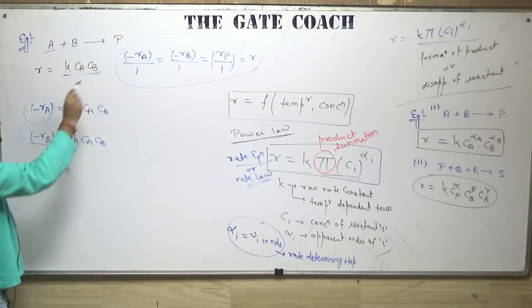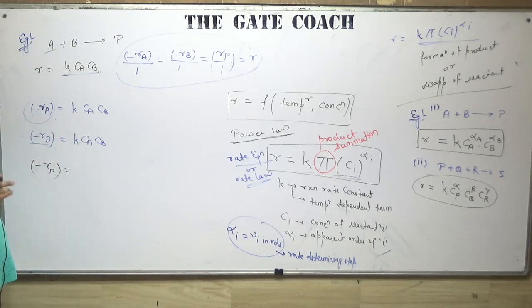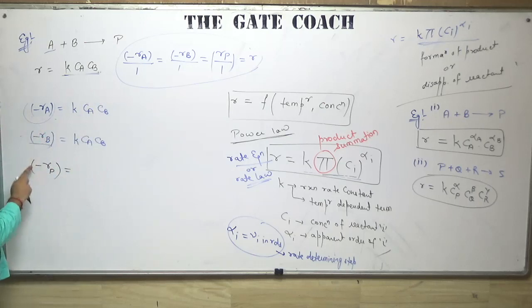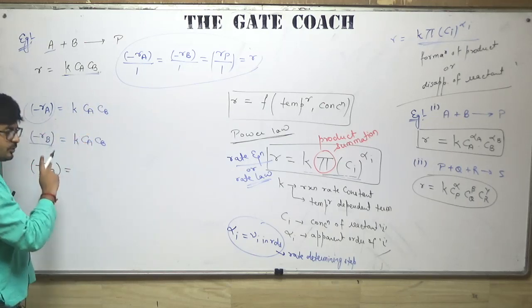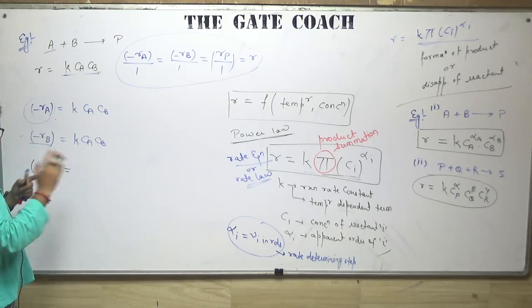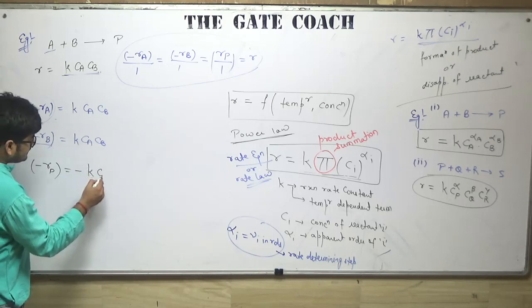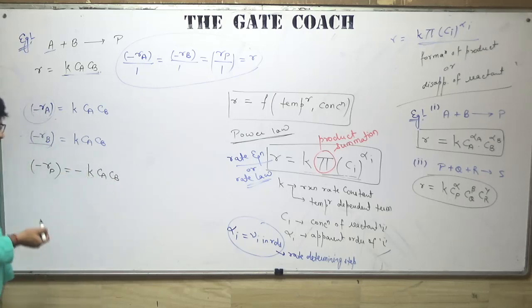This part represents the formation of product, but I am talking about the rate in terms of disappearance of product. So both statements are opposite, against each other. So it will be minus k C_A C_B.